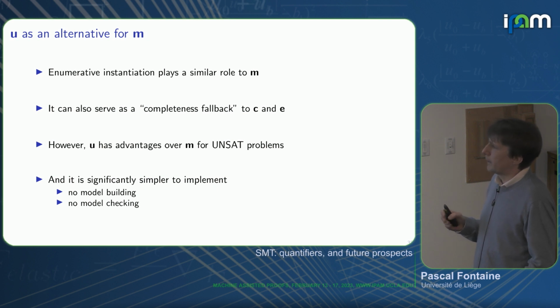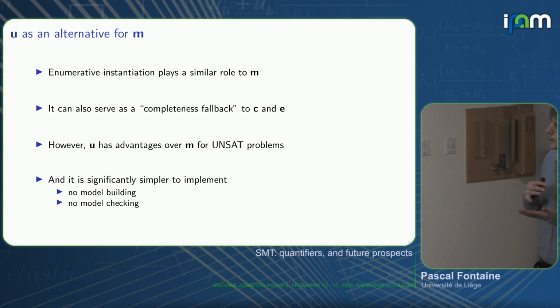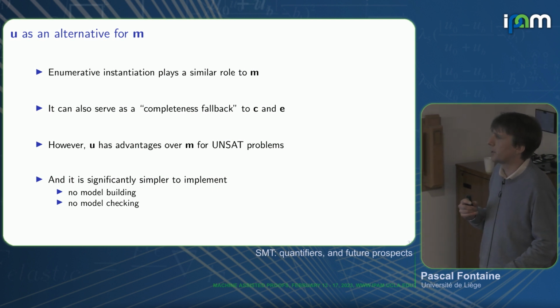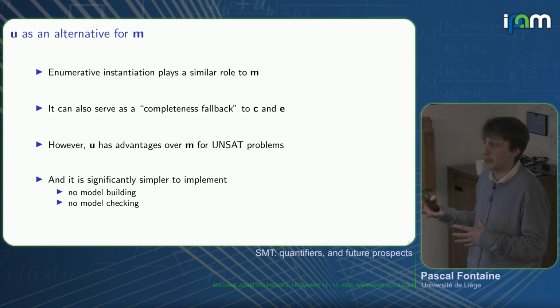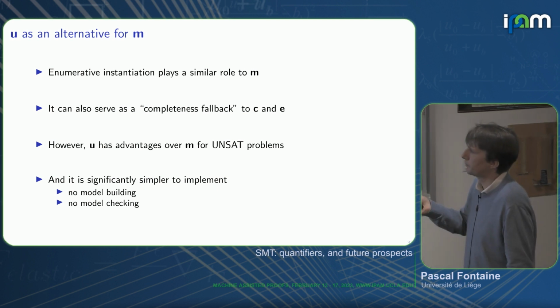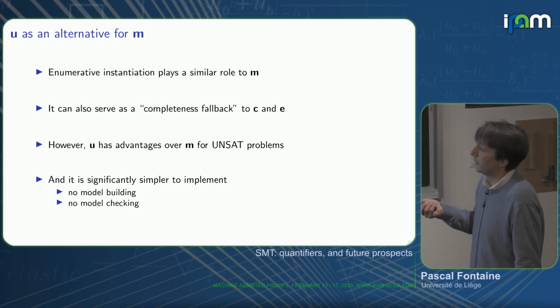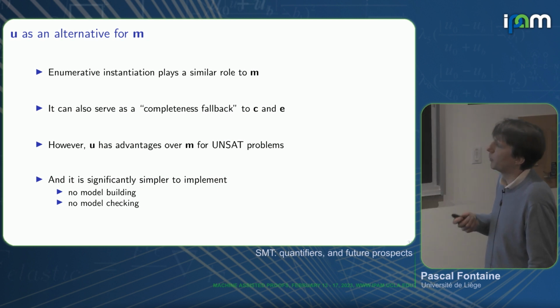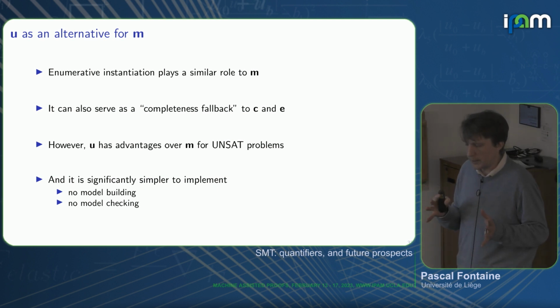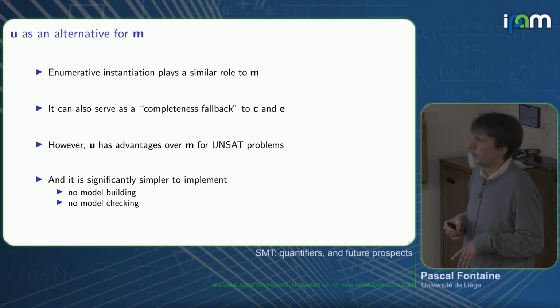Okay, so it happens that enumerative instantiation plays kind of a similar role to model-based quantifier instantiation and can serve as a completeness fallback to conflict-based instantiation and trigger-based instantiation. Those two techniques that I saw before were essentially incomplete.